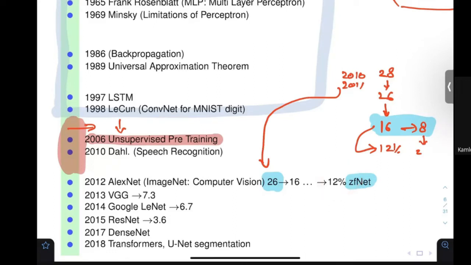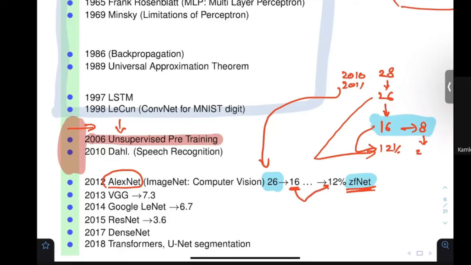It was again a very big thing: in 2 years the error went from 26% to 12%. The new network was called ZFNet, and Alex Krizhevsky had proposed the network that gave the 16% result, called AlexNet. So from AlexNet we reach ZFNet.